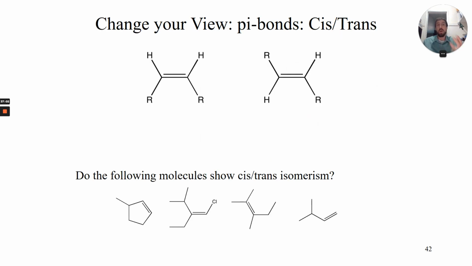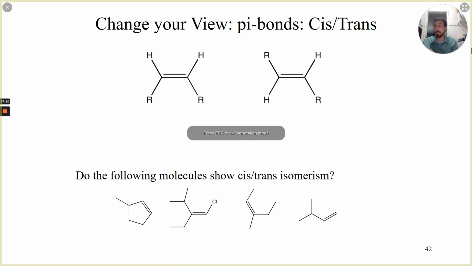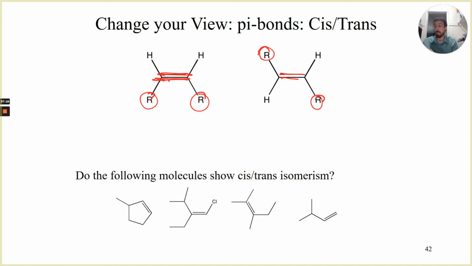What this then introduces is this other concept of pi bonds and cis versus trans. If we take a look at our top cases here, we've got a system where these R groups are on the same side of that pi bond versus on opposite sides of the pi bond.